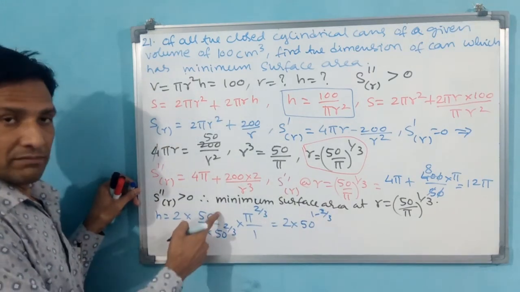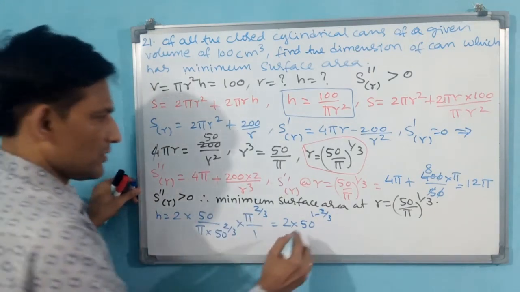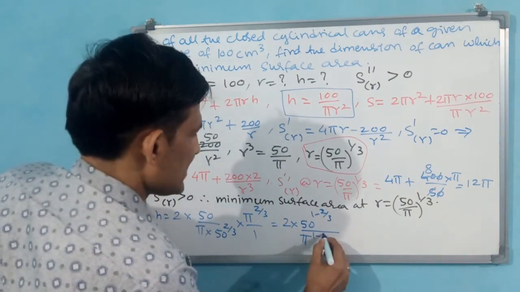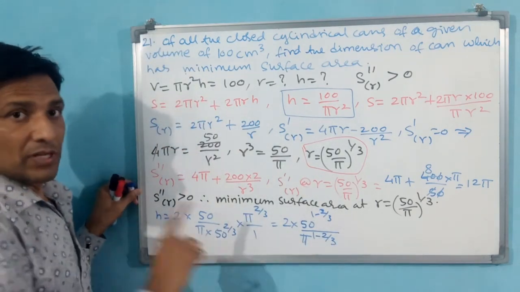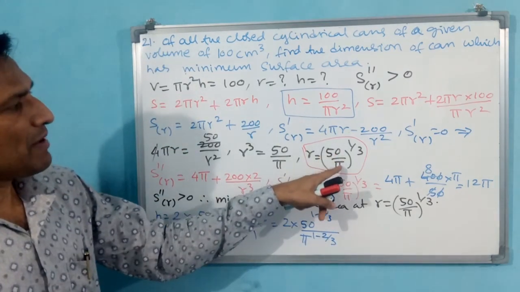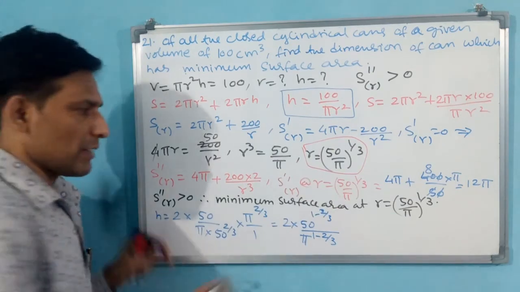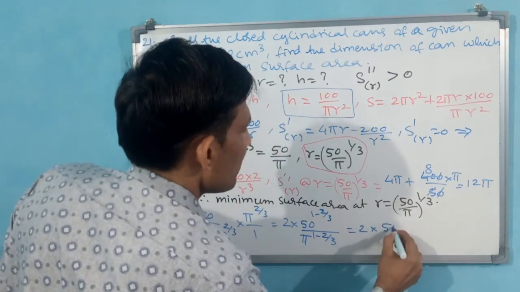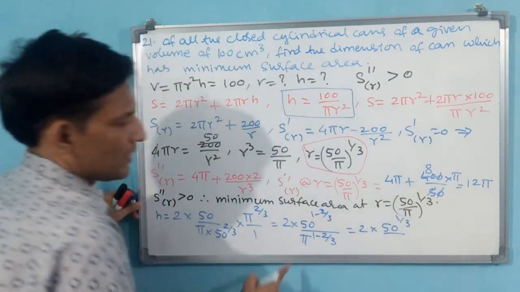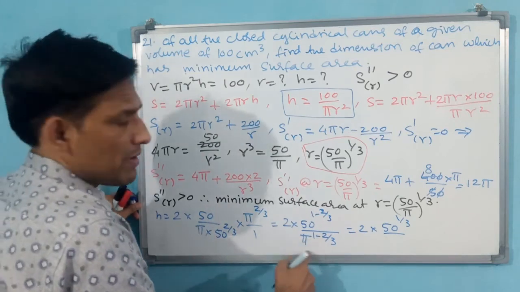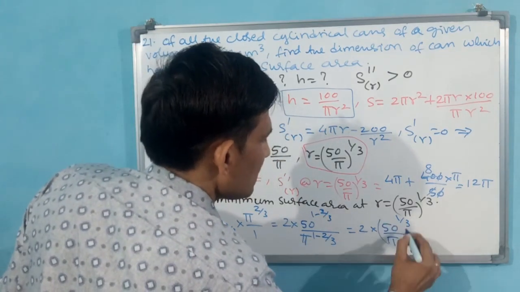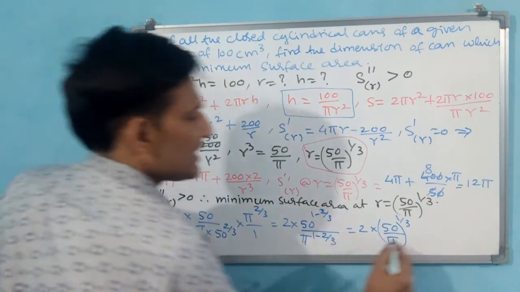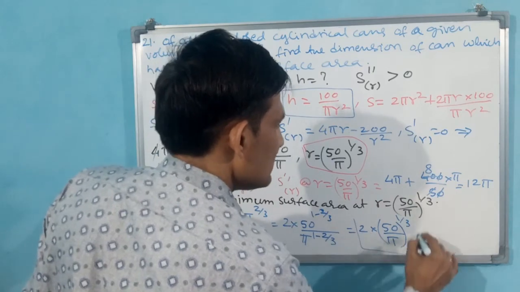Divided by pi power 1 minus 2 by 3. Because here (50 by pi) whole power 1 by 3 is there. Like that you can make. That is equal to 3 minus 2, 1 by 3: 2 into 50 power 1 by 3 divided by pi power 1 by 3. Is it okay? Yes. This is the final value.